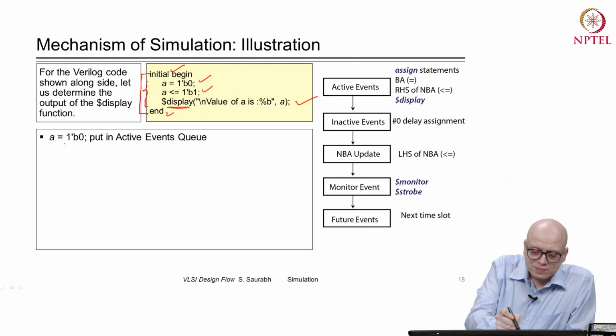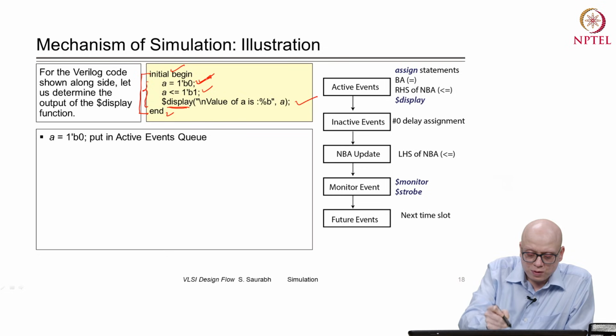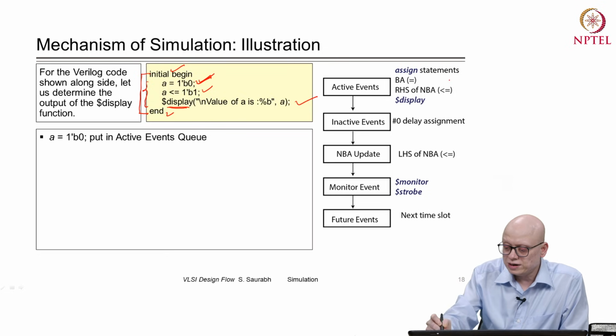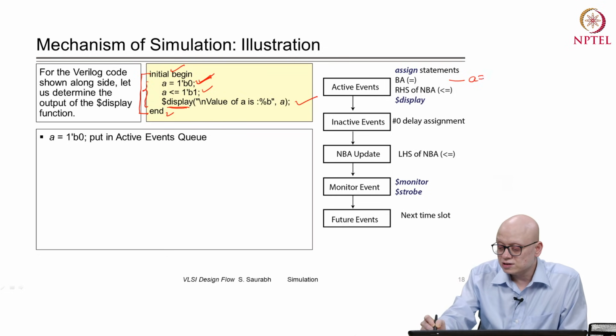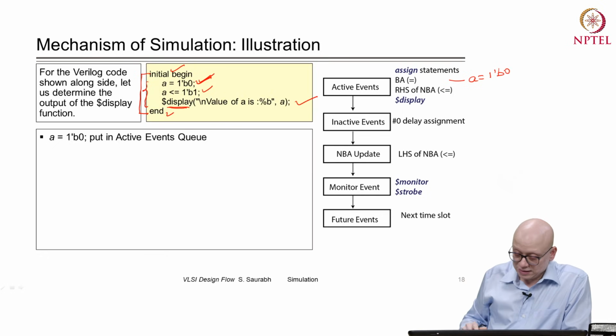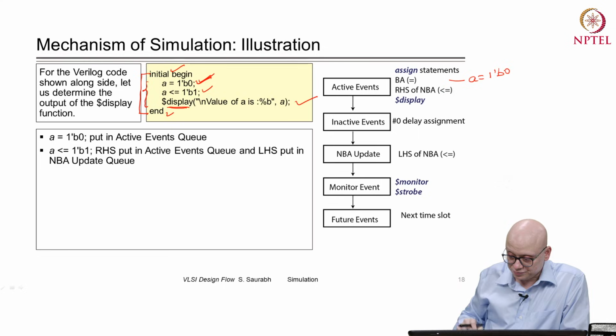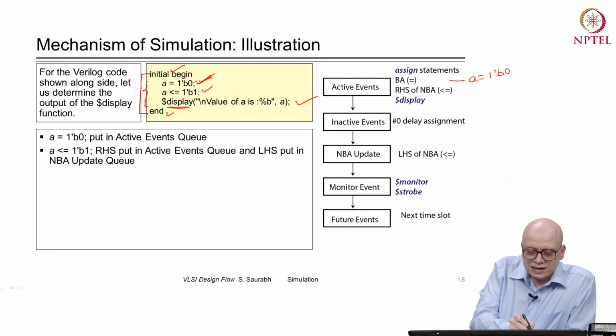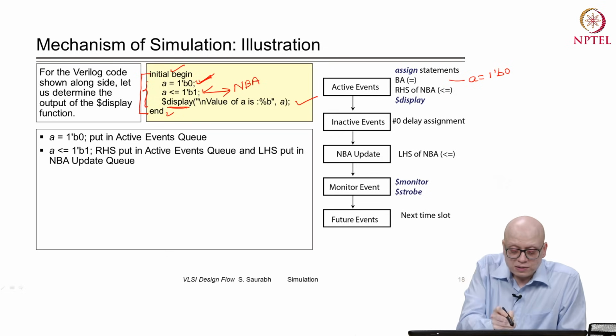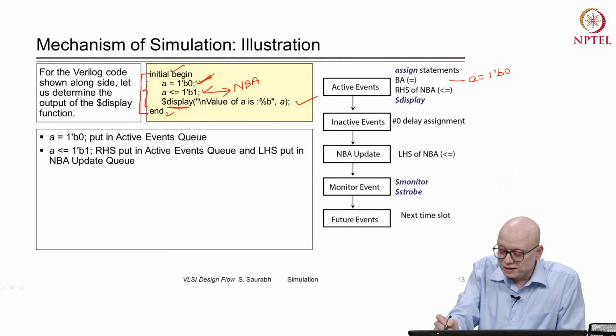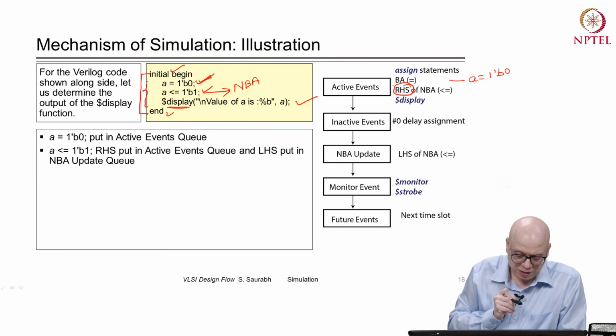The first statement, A is equal to 1'b0, will be put in the active event queue, right. So here we have put A is equal to 1'b0. Then the next statement comes, and here we have a non-blocking assignment. In a non-blocking assignment, in the active event queue we have to put only the RHS part, right.